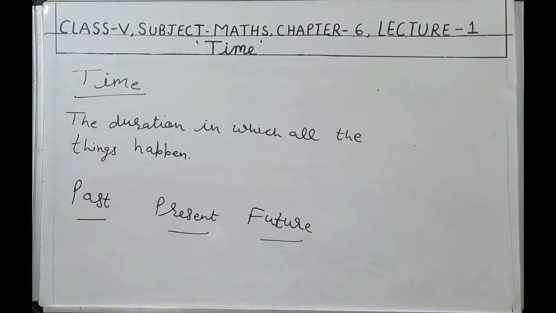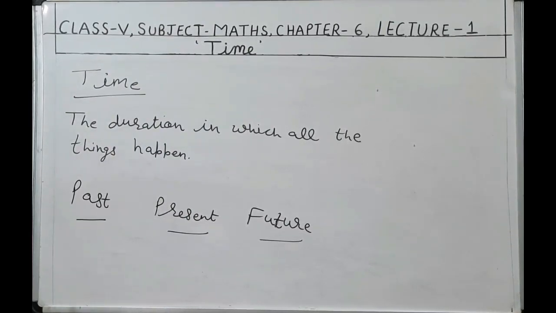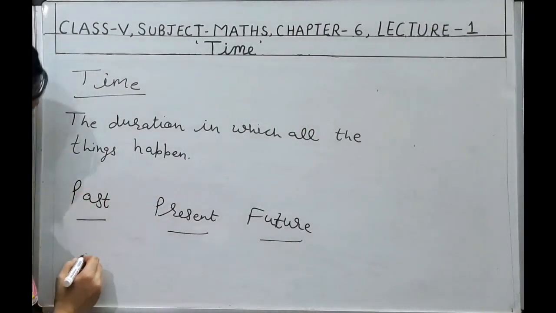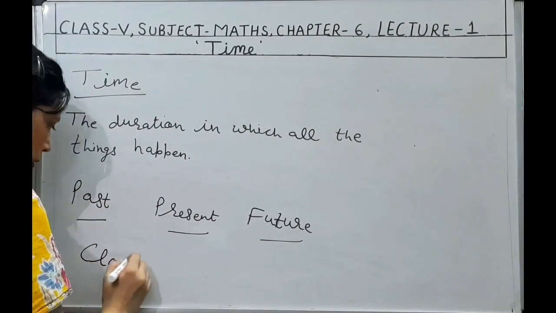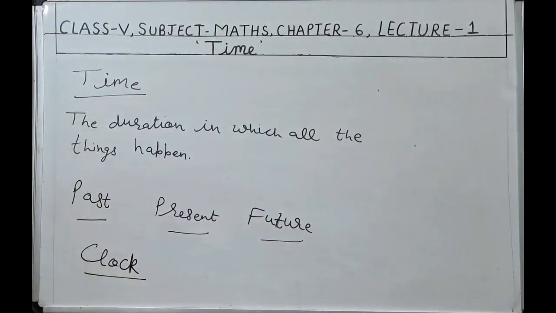And we measure and define what time of the day it is using clock. मतलब इस समय कौन सा टाइम चल रहा है? We can tell this by using clock, and we generally use 12-hour clock time.